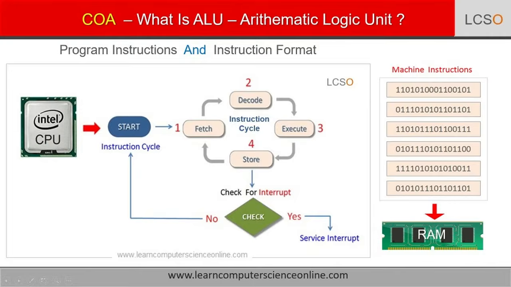In order to execute the program instructions, the CPU has to repetitively perform the instruction cycle. The instruction cycle is the basic operation of the central processing unit. The instruction cycle consists of four independent CPU operations. The instruction cycle stages include the fetch operation, decode operation, the execute operation, and the storage operation.